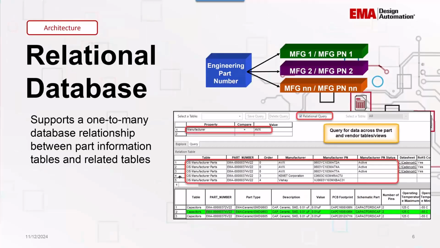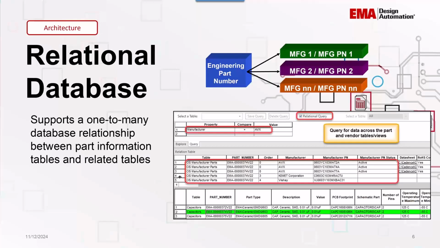As we mentioned, CIS is all about part number instead of symbols. We're not going to look for symbols individually. We can still if we want to, but now we have a part number scheme. It will only allow one unique part number at a time, but then you can have multiple manufacturer part numbers tied together to that engineering part number. And you can set the order of your manufacturer part numbers, your primary part you want to use.